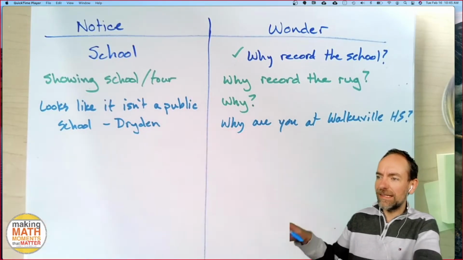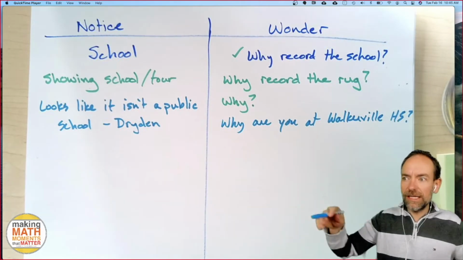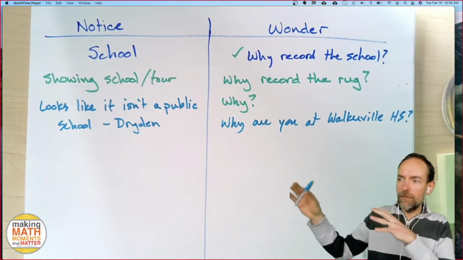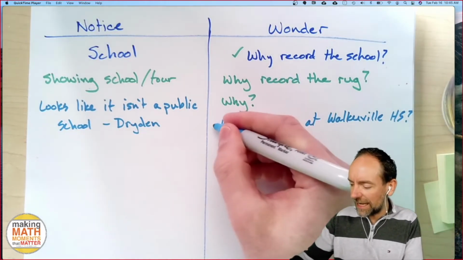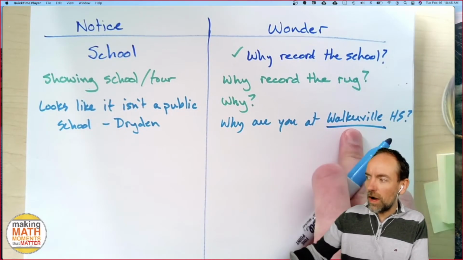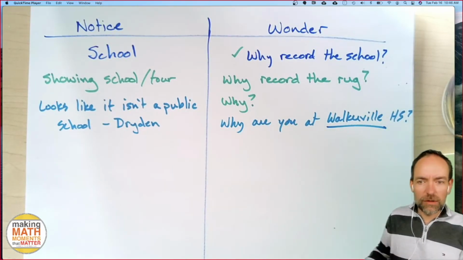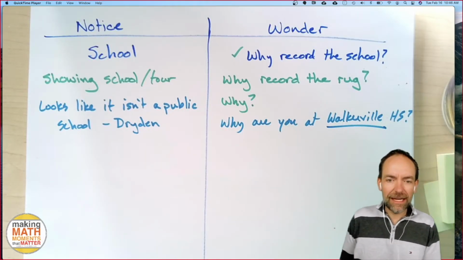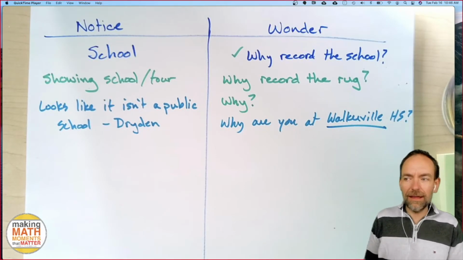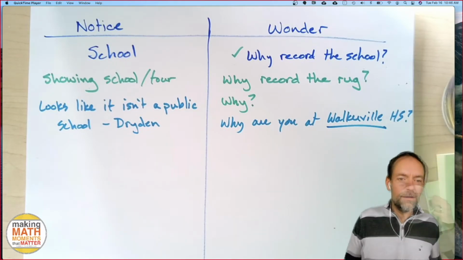Some of our noticing and wondering is a little different, maybe based on what part of the county you're coming from. Some people might be more familiar with that building. I'm actually going to go ahead and confirm that yes, that is Walkerville High School from the public board. So that would be where some of our friends from Begley might attend school, and Hugh Beaton, and a number of schools out in that area. Prince Edward.